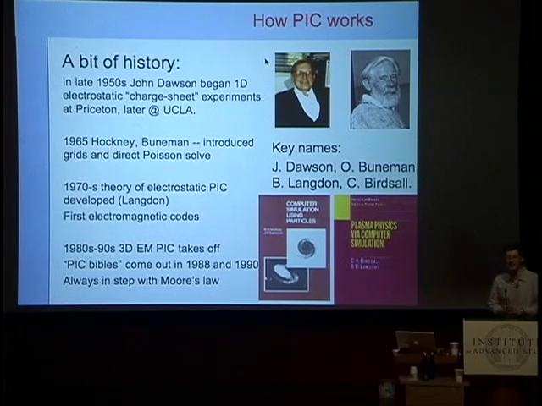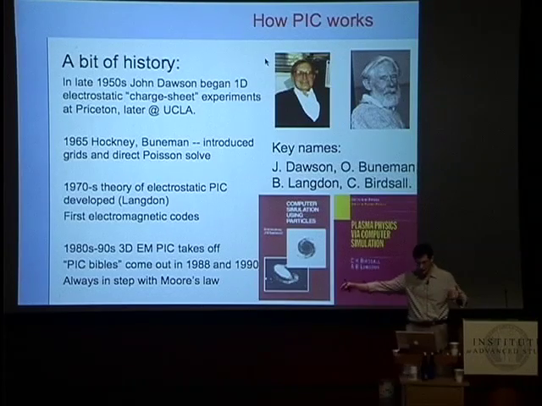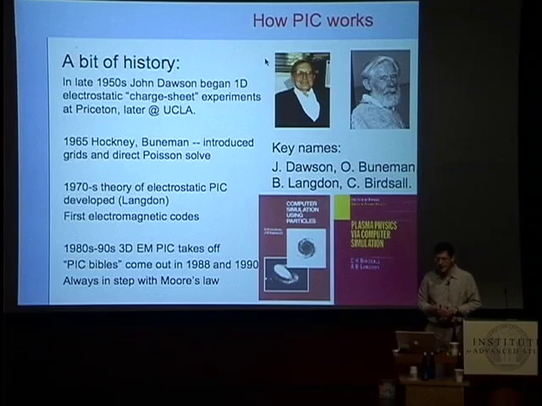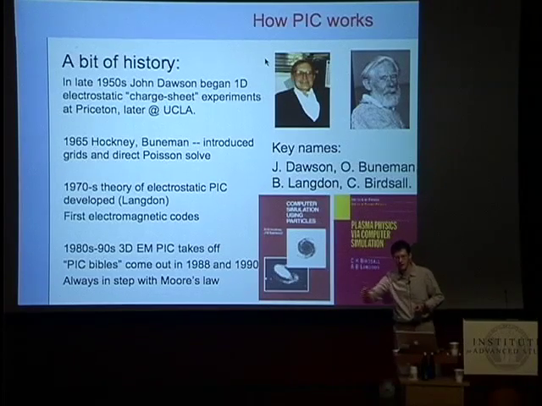So it already sounds impressive. But he did essentially one-dimensional electrostatic plasma simulations, where we have a one-dimensional domain, and every charge is a sheet of charge. So it's essentially a transverse sheet of charge that is allowed to move in this one dimension.